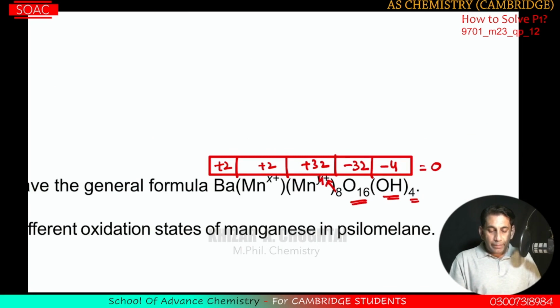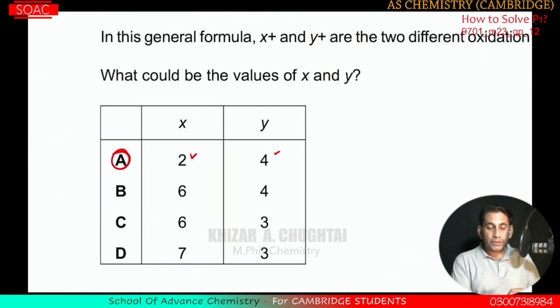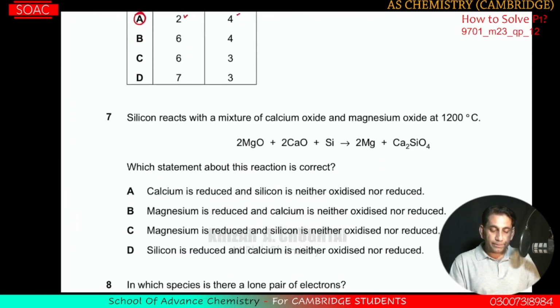So what will be the overall answer? Yes, the sum of all these terms is equal to 0. So these are the correct values: X is equal to 2 and Y is equal to 4, and A is the correct option.